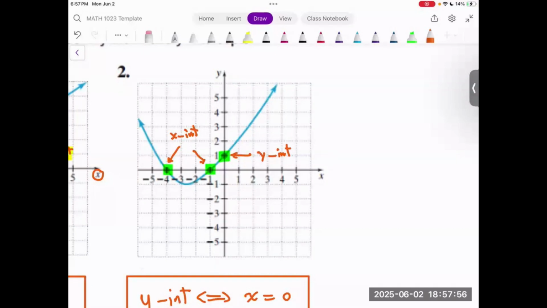By the way, let me please stress one thing. Can you have 2 x-intercepts in a function? So if the graph represents a function, can you have 2 x-intercepts? I mean, is this a function or not? Maybe you don't know. How do you know if it's a function or not? You learned it before. Do you remember the vertical line test?